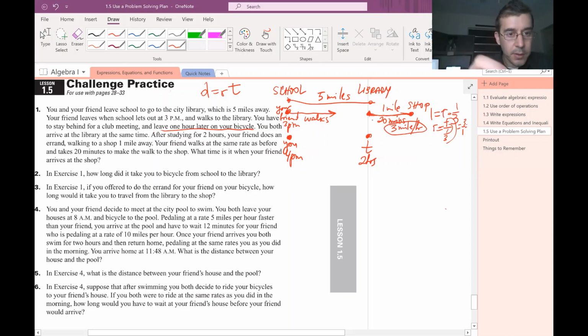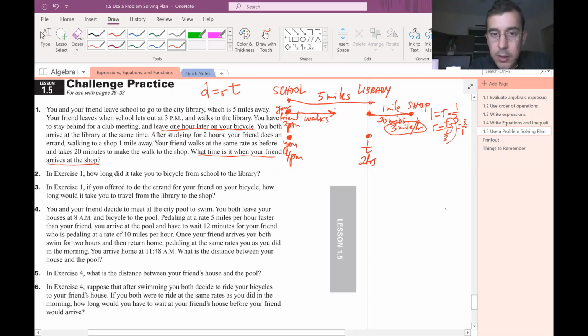Okay. What time is it when your friend arrives at the shop? Okay. So he leaves at 3 p.m. We know the distance is 5 miles to the library. So we have to find out the time he arrives at the library. So we know the rate now.